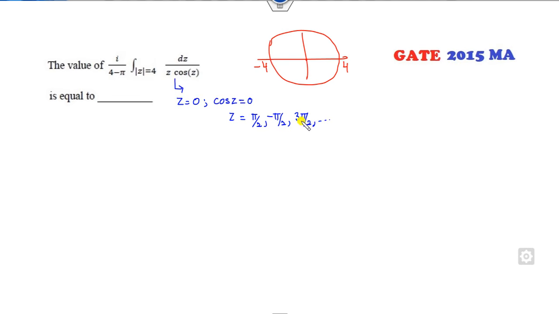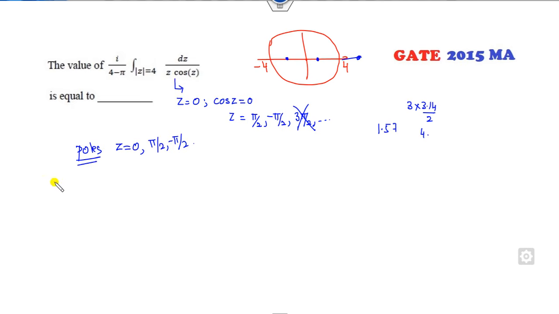But you can see that 3 pi by 2, 3 into 3.14 divided by 2, it's 4 point something, which lies outside of this. So this value will be cancelled. Pi by 2, 1.57, lies here. So therefore the poles are Z is 0, plus pi by 2 and minus pi by 2.